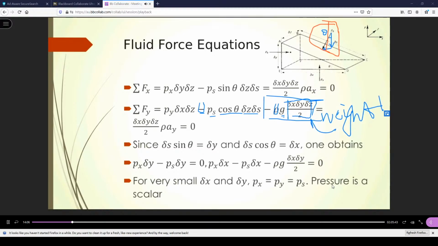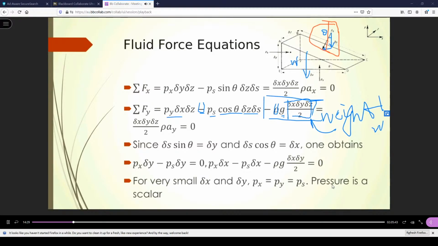So weight is acting downward, always. Weight W is always acting downwards. Okay, so we have three forces in the vertical direction. One is the force acting on the bottom plate.